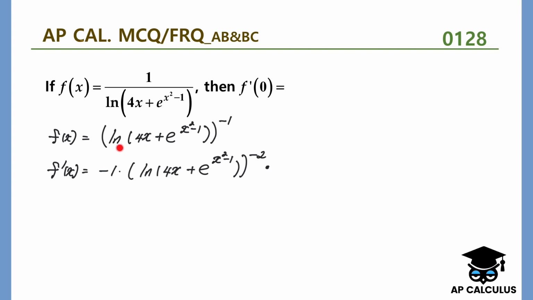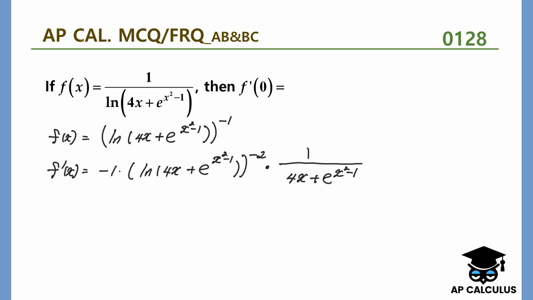We have a natural log, right? If we have natural log, then the derivative of this function is 1 over all of this expression, right? So 1 over 4x plus e to the x squared minus 1. So far so good. Okay, so because of natural log, we have this.